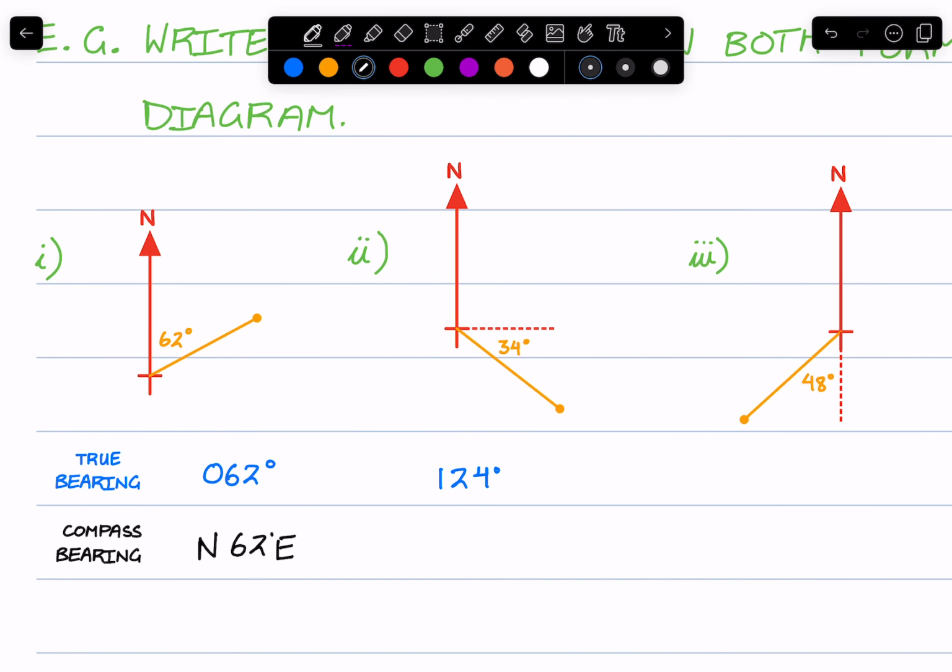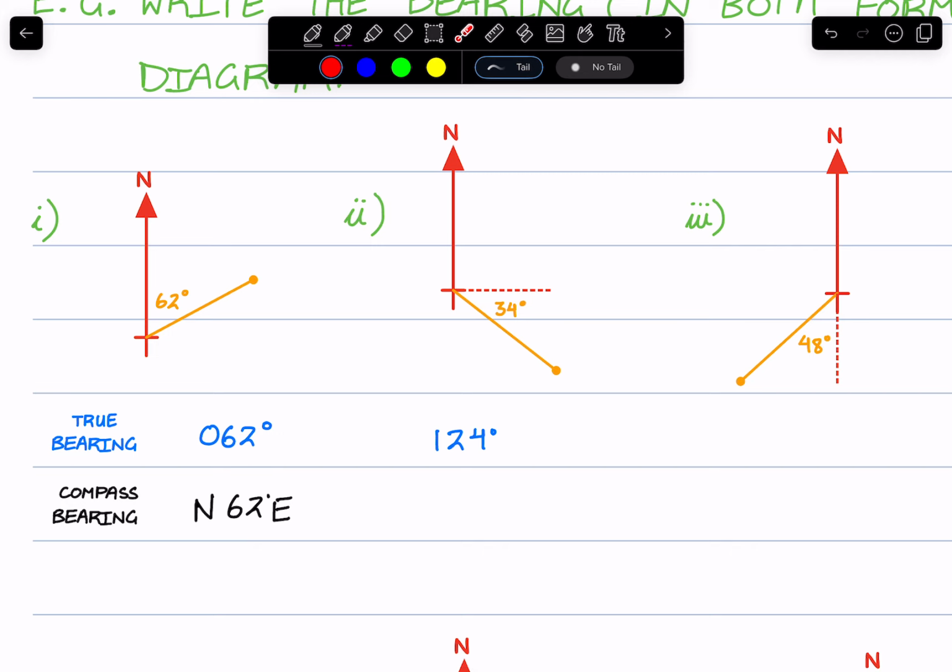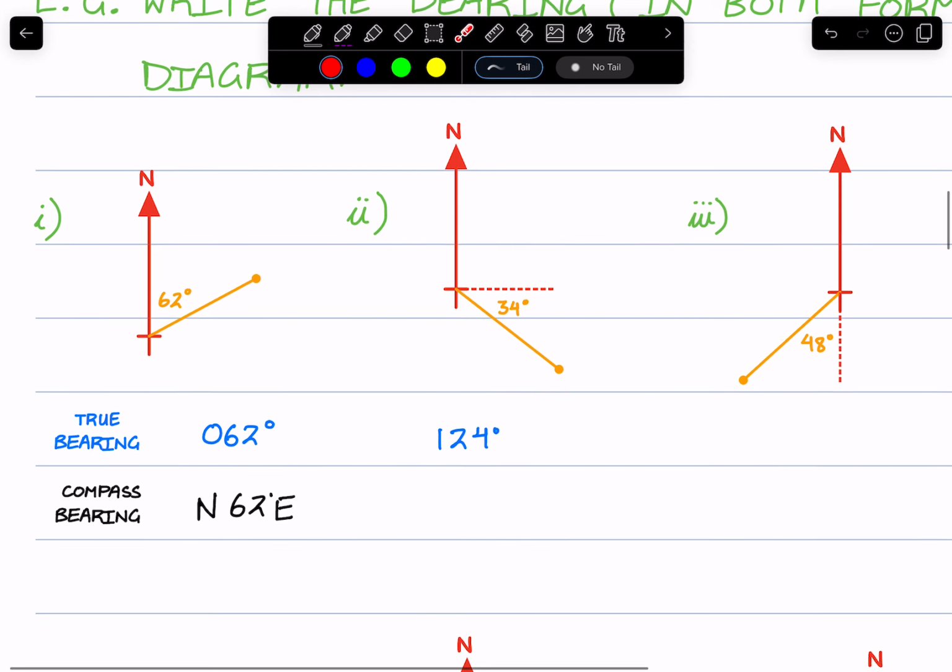And now for the compass bearing, we ask ourselves, is this line closer to south or is it closer to north? Well, in this instance, I hope you can see that it's easier to face south first and then turn towards that line.